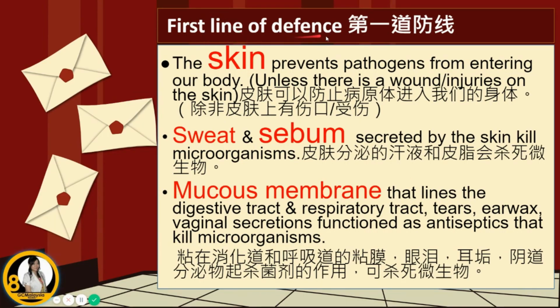Okay, first line of defense. The skin prevents pathogens from entering our body unless there are injuries on the skin. Sweat and sebum secreted by the skin kill microorganisms.